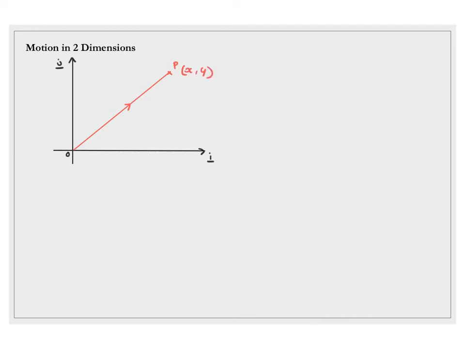Now, we would say that the particle at P has a position vector which we would call r, and r has an i component of x and a j component of y.